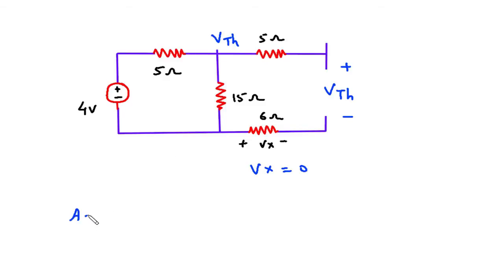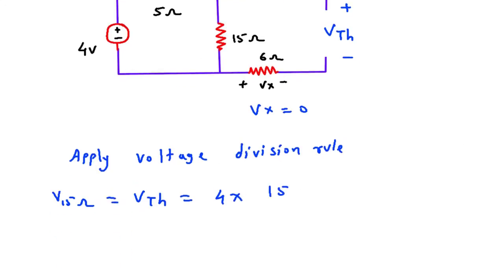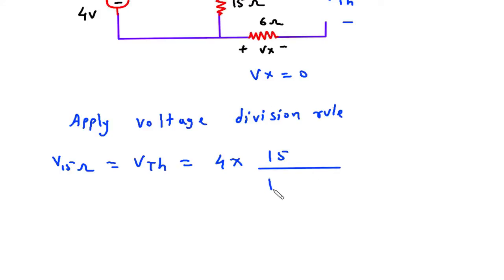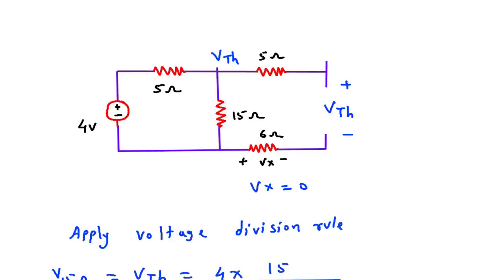So we can apply voltage division rule to find the voltage across this 15 ohm resistor. So V 15 ohm is equal to VTH is equal to this voltage 4 into this resistance, which is 15, divided by 15 plus this value 5 ohm.